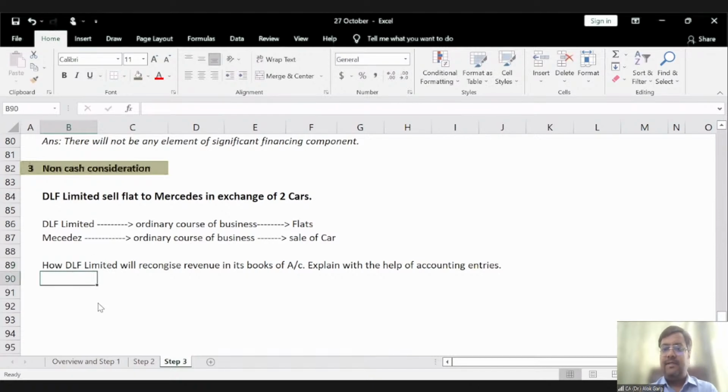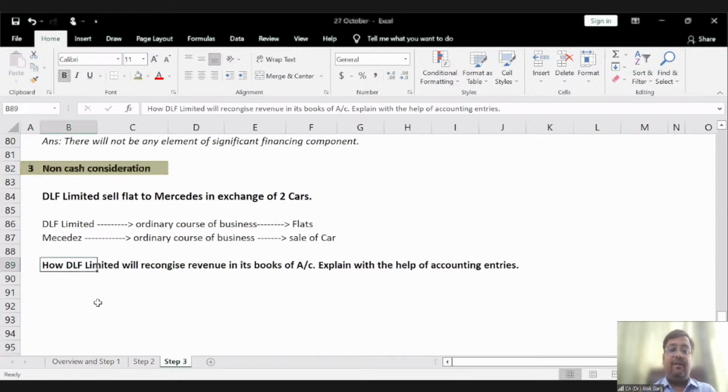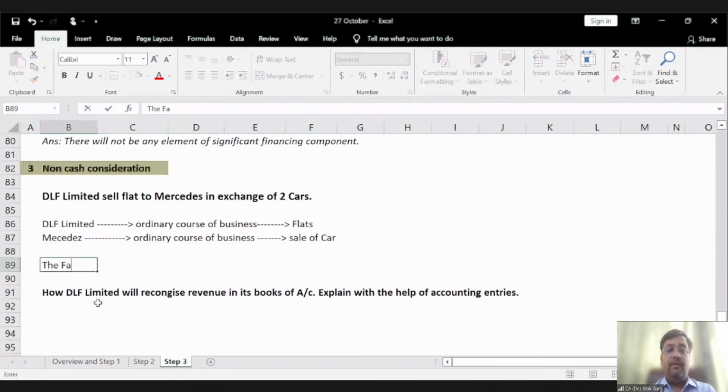Right? Is it clear, friends? DLF Limited has not sold flats on a cash consideration, DLF Limited has sold flats for a fair value, right? And in the question, the fair value of the car is given. The fair value of one car is 2 crores.